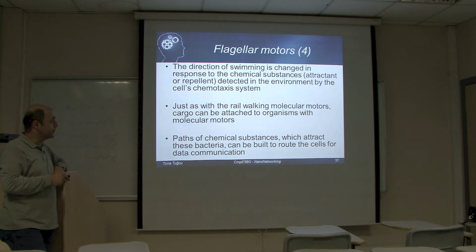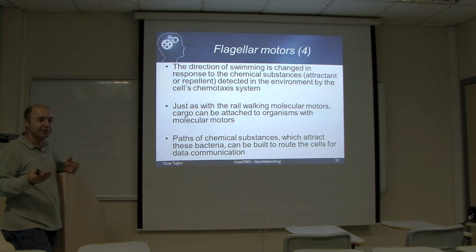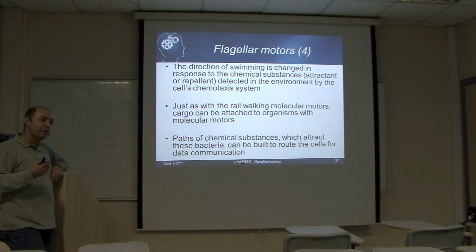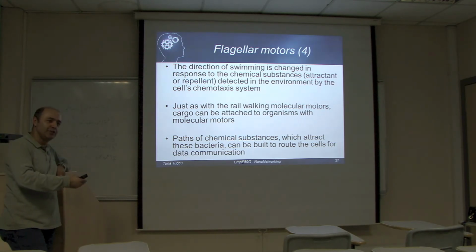The direction of swimming or running is changed in response to chemical substances, as I mentioned. For example, some attractants may attract the bacteria in one direction, or you may repel it using repellent chemicals detected in the environment by the cell's chemotaxis system. Just as with the rail walking molecular motors, which we discussed in chapter 2, the cargo now can be attached to the organisms. So the idea, why do I care about the movement of the bacteria? Well, you can actually load cargo on the bacteria.